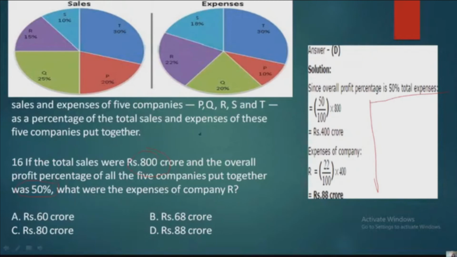Let us say 100 rupees sales. In this 100 rupees you are having 50 rupees profit. That means the other 50 rupees, whatever is left, is expense. Right, that 50 rupees is expense.